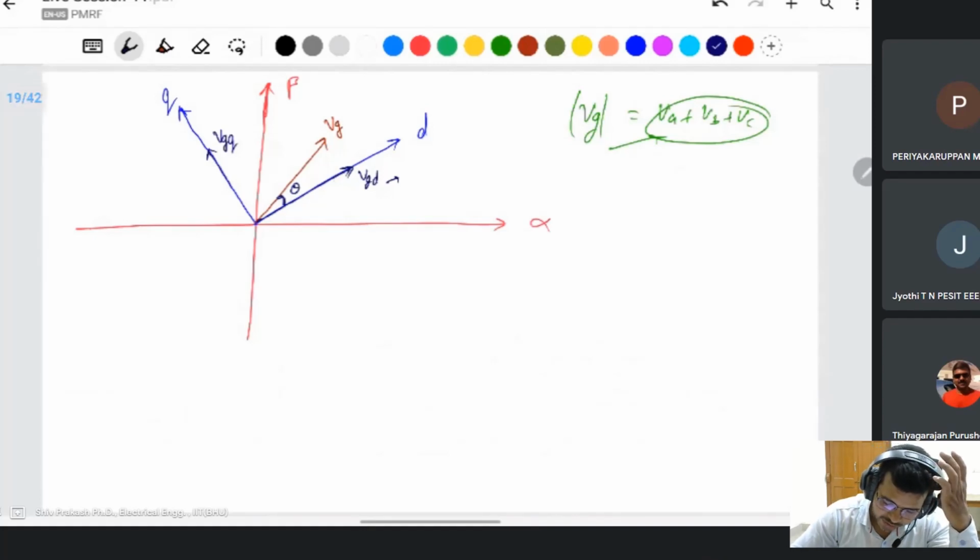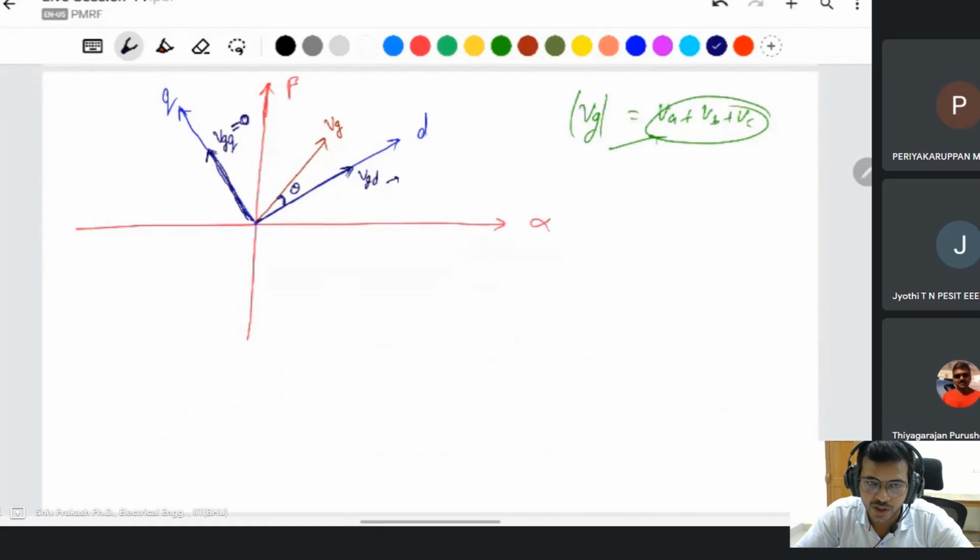This is the Q axis. To track the voltages in a grid system, the VQ voltage is made 0 by using a controller.